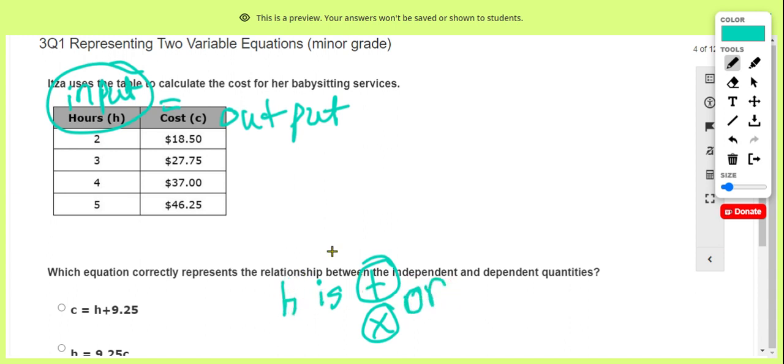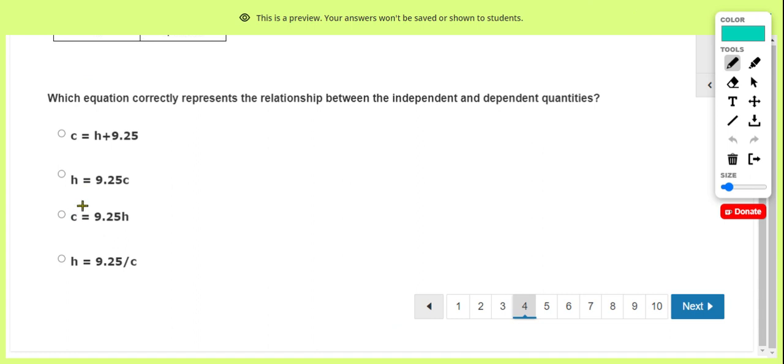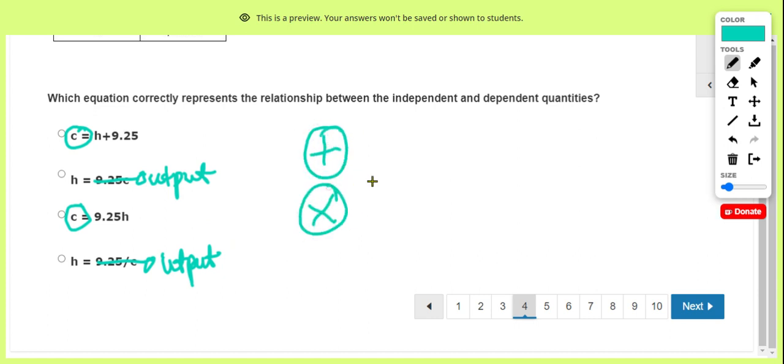And the cost equals C. So C is the output, not the input. So these are backwards. So is it adding or multiplying?